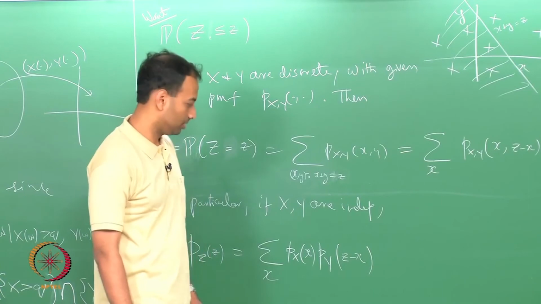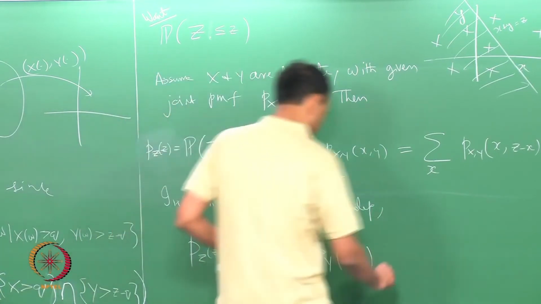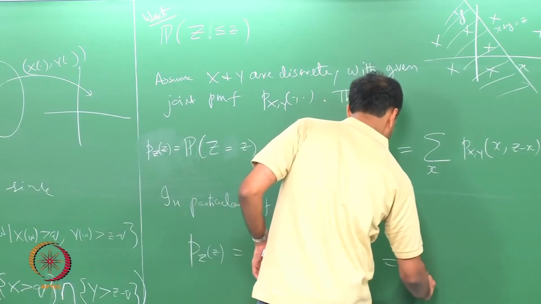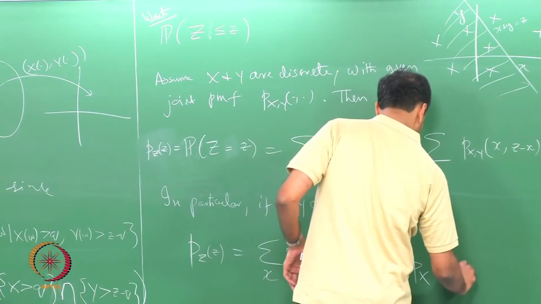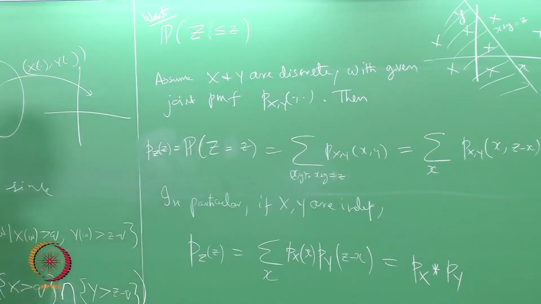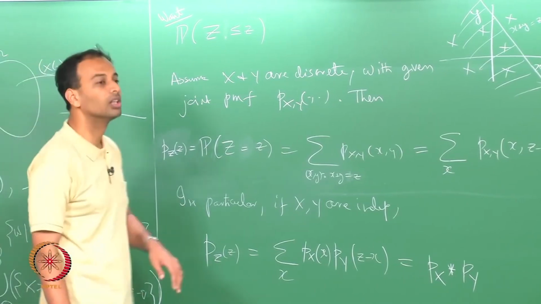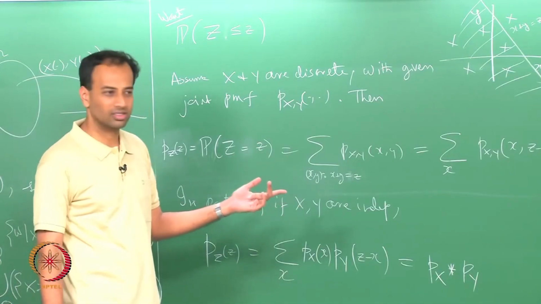You would have seen convolutions in your signals and systems. So, this is denoted by P x star P y, the discrete convolution of the individual PMFs, or P y convolution P x, it is the same thing.